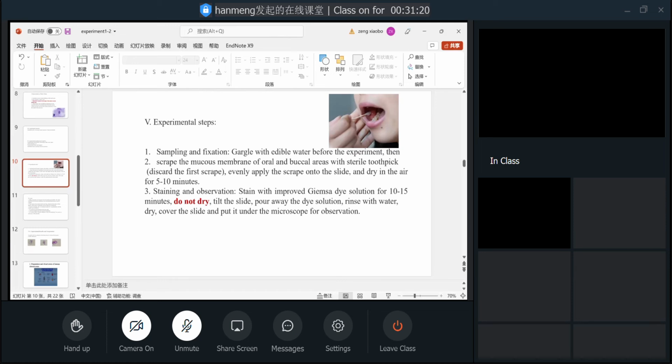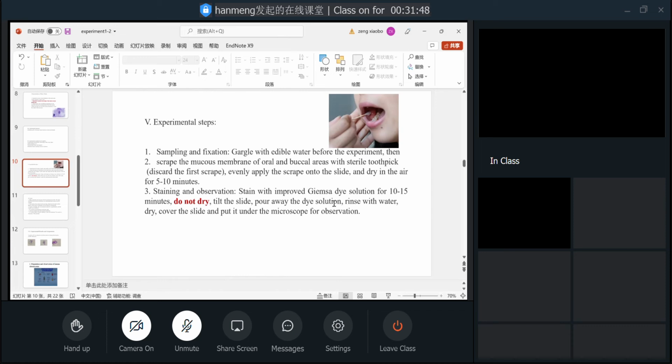And for the staining step, you should test a gradient of staining times. If you stain the cells too short, then you will not observe the dyed cells.